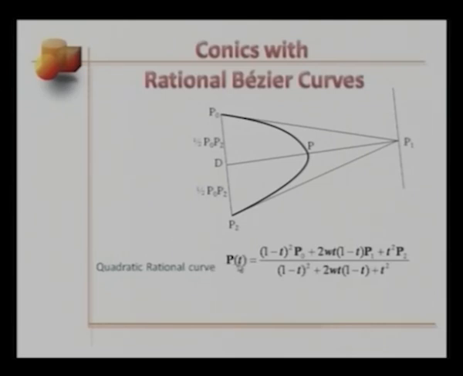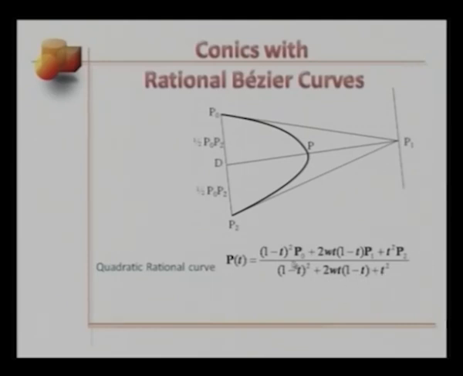The position vector P, which is a function of parameter t, will be (1 minus t) squared P0 plus 2 W, which is the weight corresponding to P1, times t times (1 minus t) times P1 plus t squared times P2, over (1 minus t) squared plus 2 times W times t (1 minus t) plus t squared.